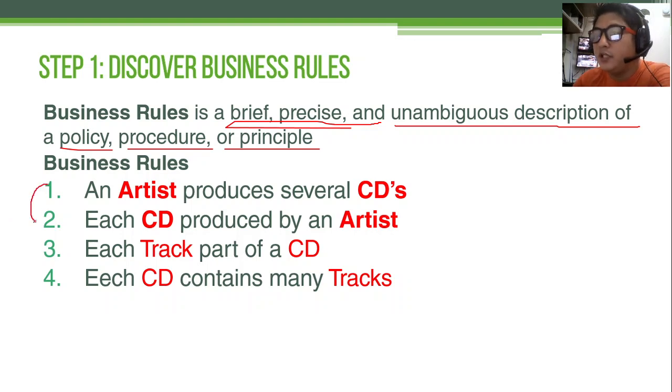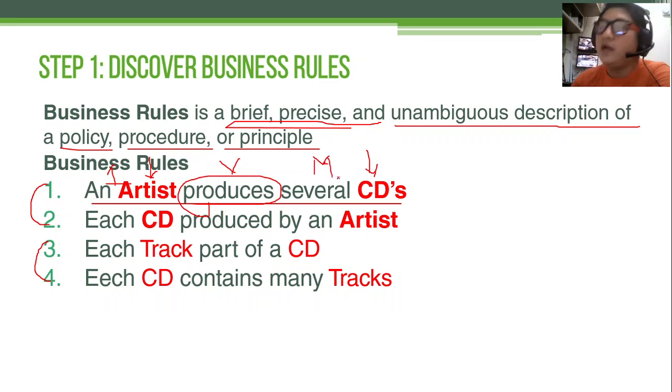It is bidirectional. An artist produces CDs. These are now your entities, with a verb. Right? An artist means one, and CDs several, many. So, each CD is produced by an artist.